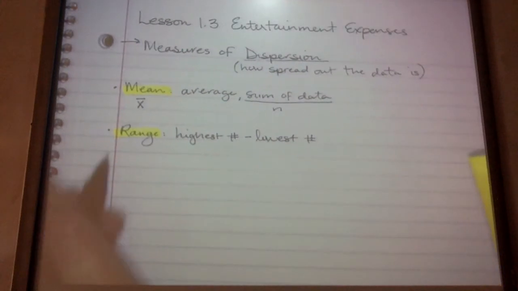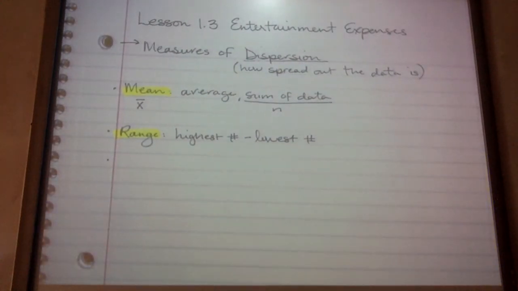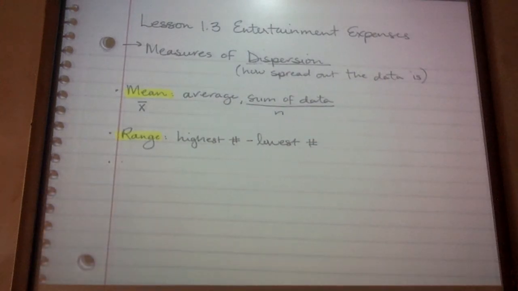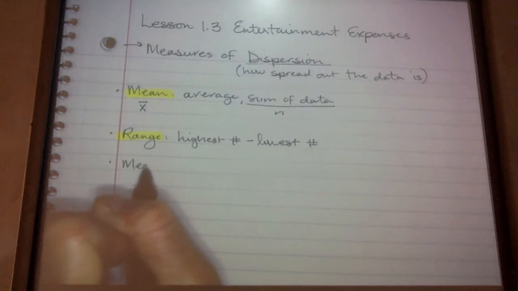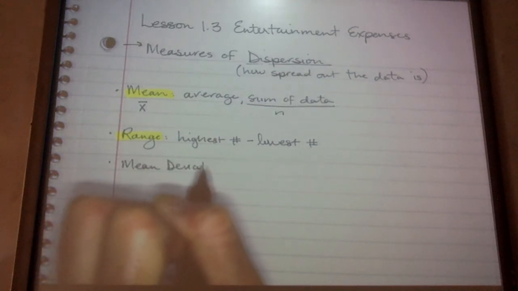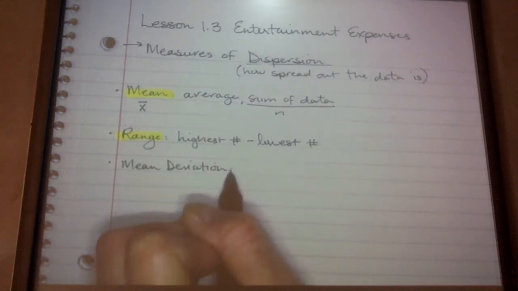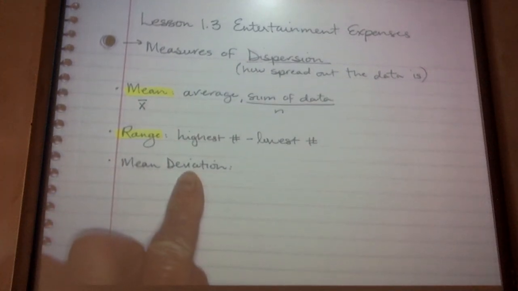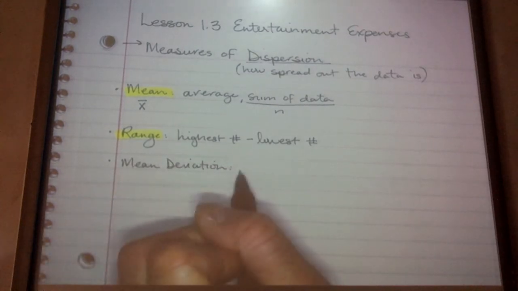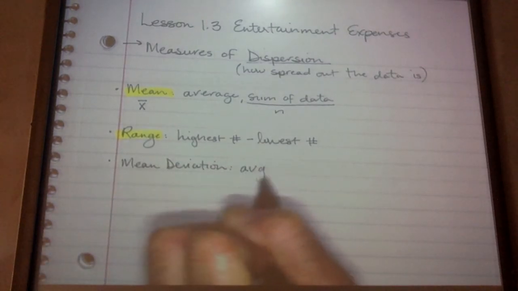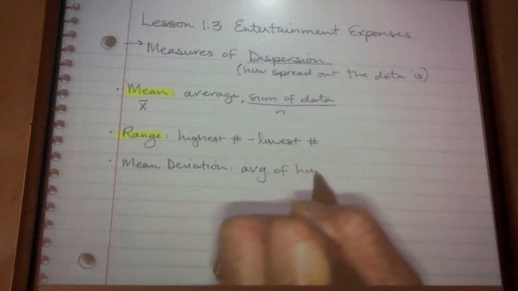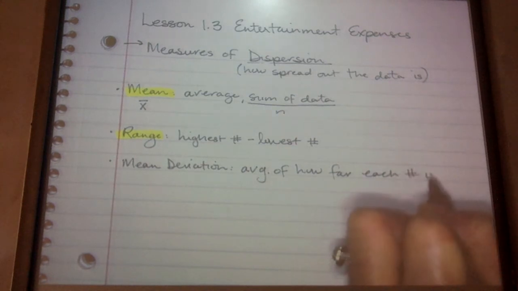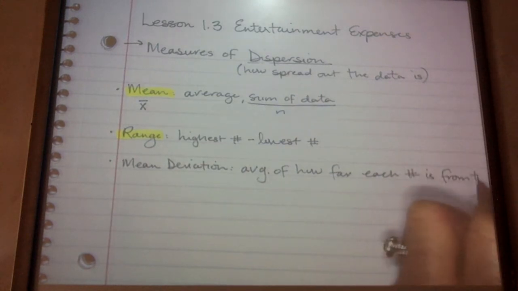Another one that they cover, and so the next 3 are probably not review. So the first would be mean deviation. So you have 2 words here. Mean would be average. Deviation is how far something is away from something else. So mean deviation is the average of how far each number is from the mean.